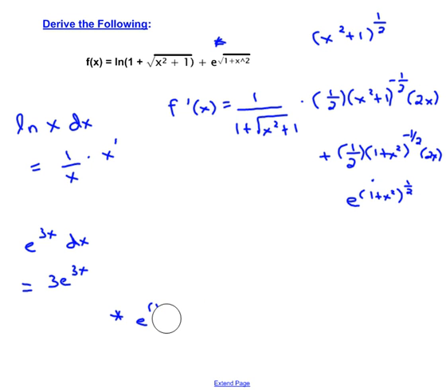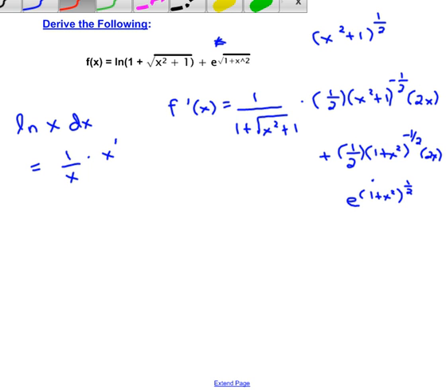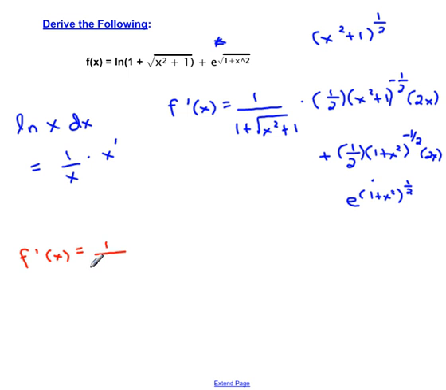Okay? So let me rewrite this for you guys, because it's kind of messy. I'll clean it up for you guys. So the overall derivative, if I can just erase some stuff here, I'll choose a different color for you guys. So if I clean this up, I'll get f prime of x equals, the ln part was 1 over the expression that was already present, right?